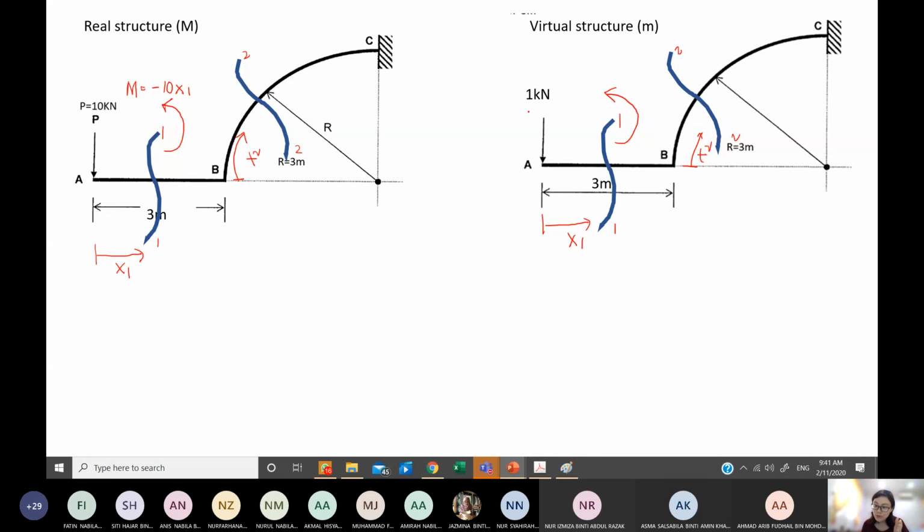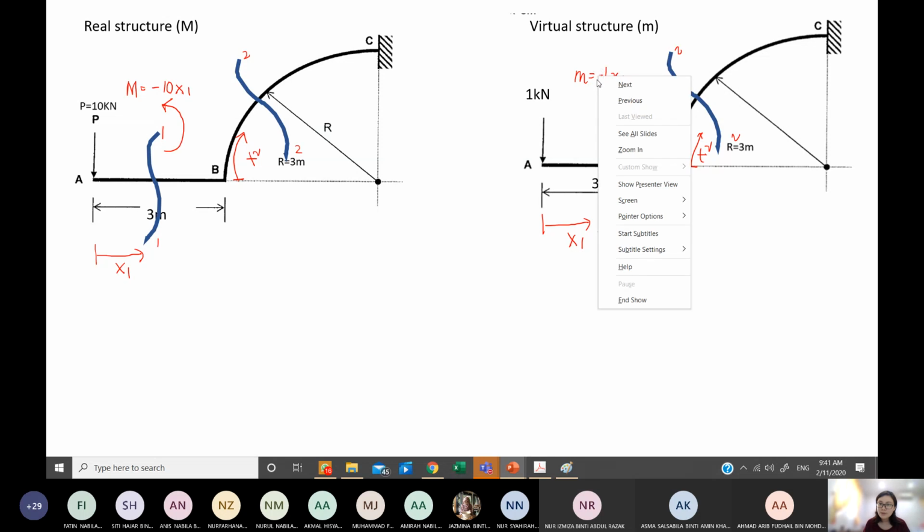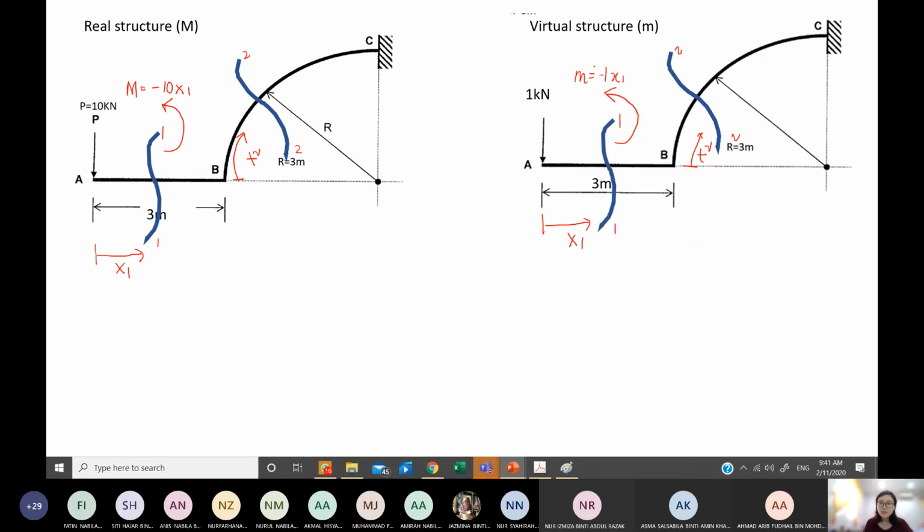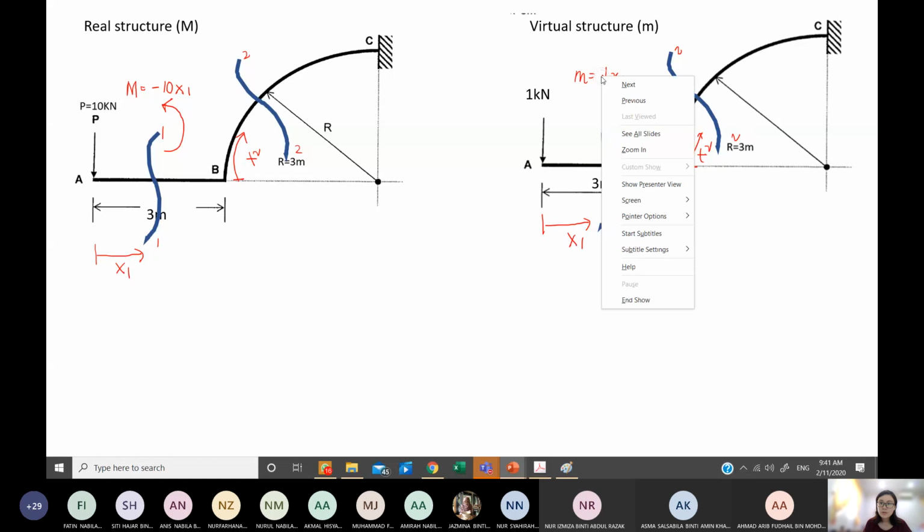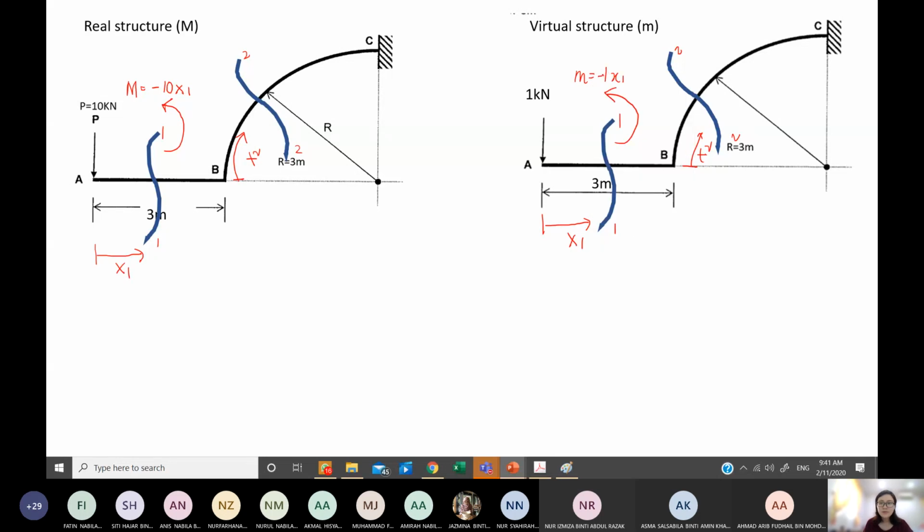In this case, we need to determine the deflection at A vertically, so we put the 1 kilonewton acting vertically at A. So here I get my small m with the load 1 multiplied by the distance x1. It is again acting in the same direction as my internal moment, so it is negative. Done for section 1.